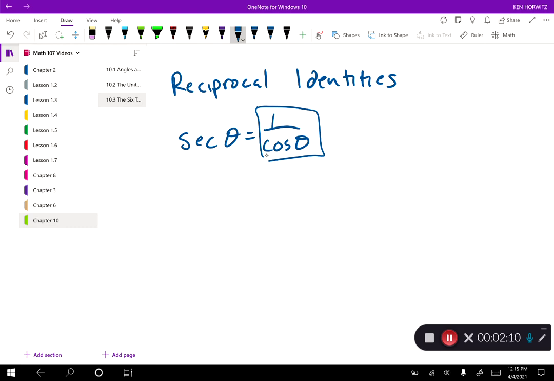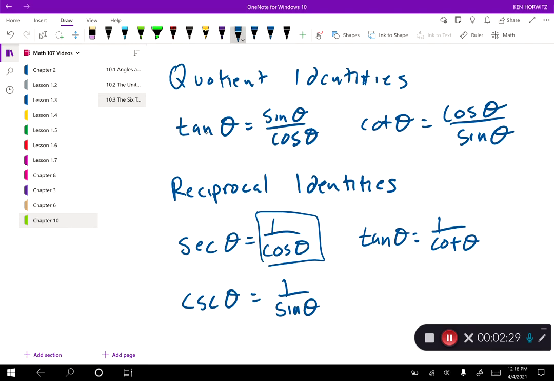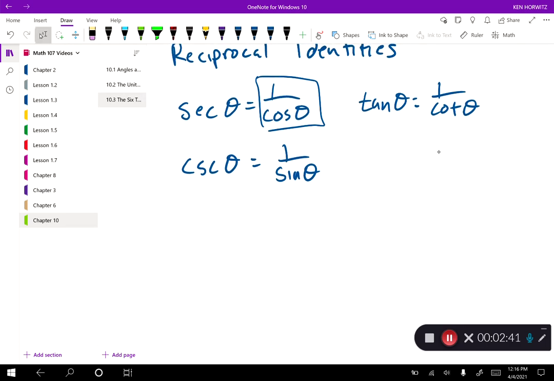All right, so the cosecant of theta equals the reciprocal of sine theta, and tangent theta equals the reciprocal of cotangent theta. That makes sense because look over here. The tangent of theta is sine theta over cosine theta, and the cotangent of theta is the reciprocal. So that makes sense. Hence, we also have the cotangent of theta equals the reciprocal of tangent theta, and it makes sense for the same reason.